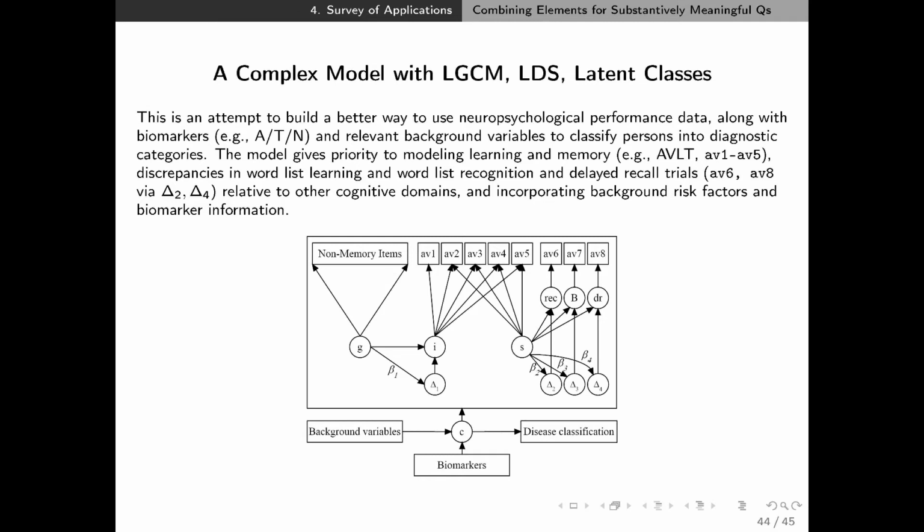And let's talk about how differences between that overall level of ability, and here I'm looking at memory span, but we could look at any other aspect of memory test performance and how that selective impairment in the memory task relates to a latent class variable, which could be a diagnostic latent class variable that's indicated by background variables, biomarkers, and producing a disease classification categorization. Wouldn't that be fun?